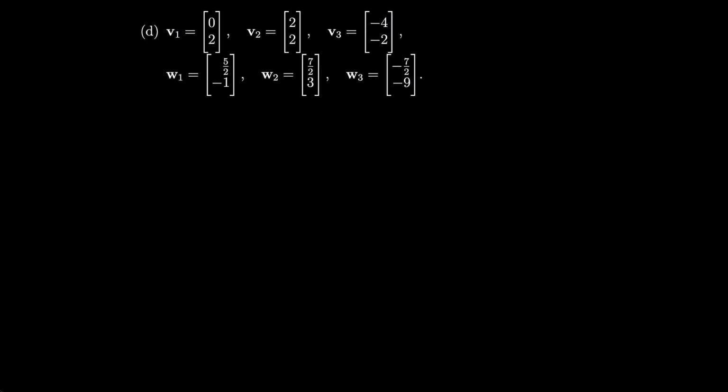Last but not least, we'll do one more example. Let's get our first matrix 0, 2, 1, 2, 2, 1, minus 4, minus 2, 1. Multiply that by M11, M12, B1. Setting that equal to 5 halves, 7 halves, minus 7 halves.